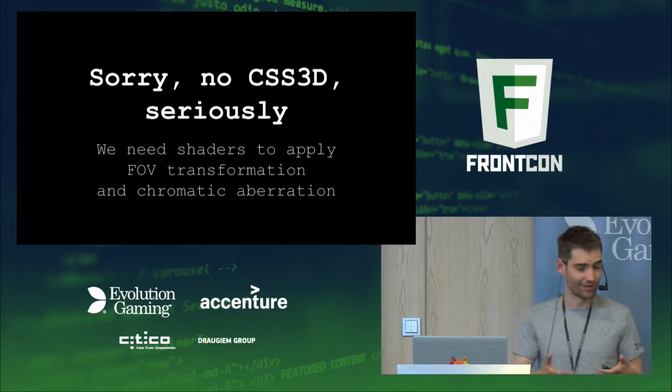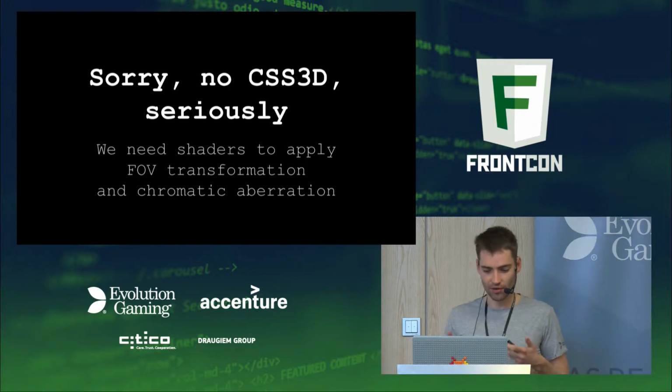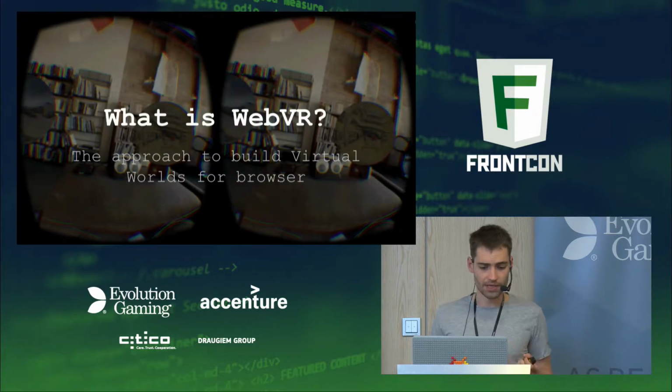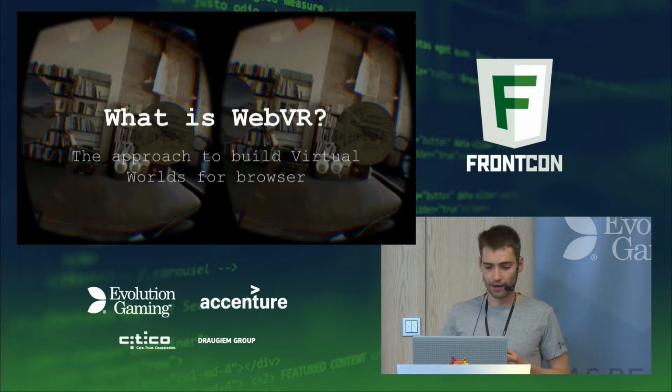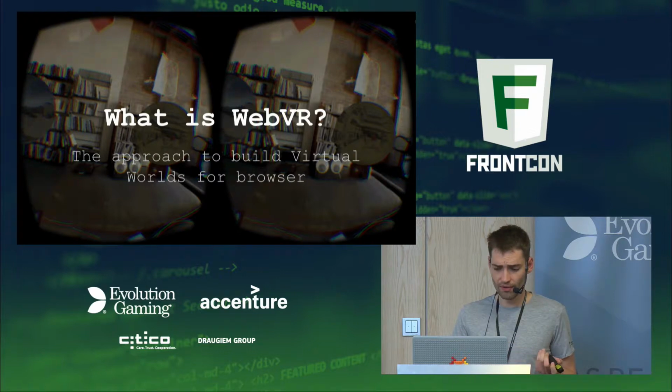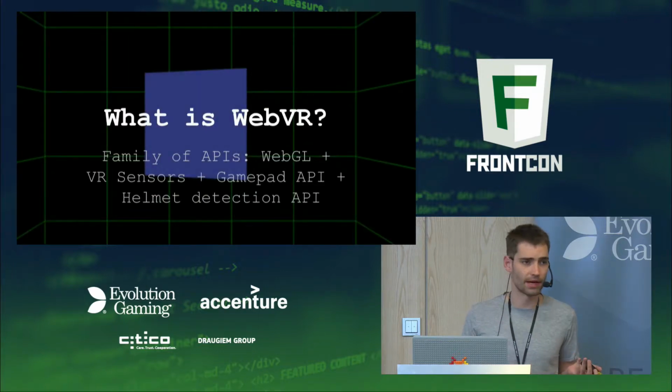So to be able to reproduce all these effects, the distortion for the field of view and chromatic aberration, you need GLSL shaders, so OpenGL shaders. And this can work as a part of WebGL. In WebGL we have the shaders, and it can be a WebVR application. WebVR is basically a set of APIs, and many of you have heard about it. There were a lot of talks about that.